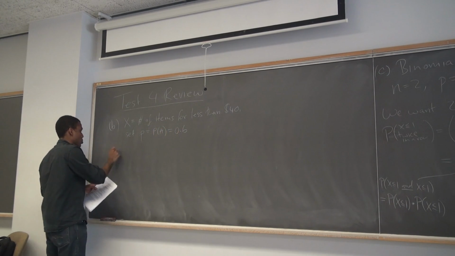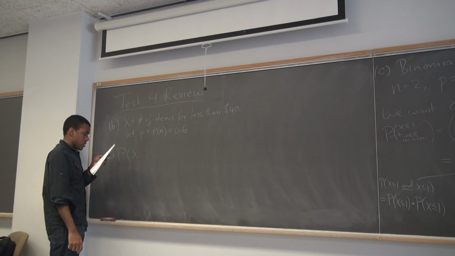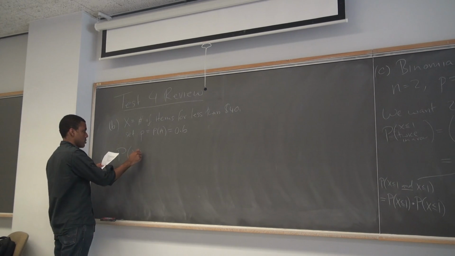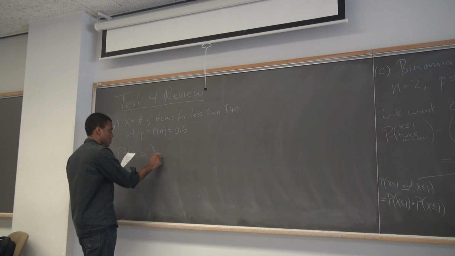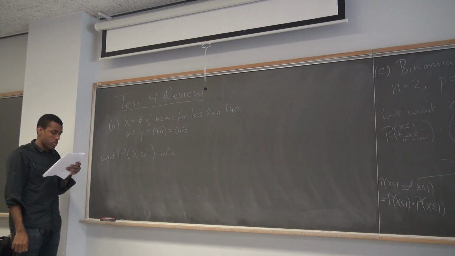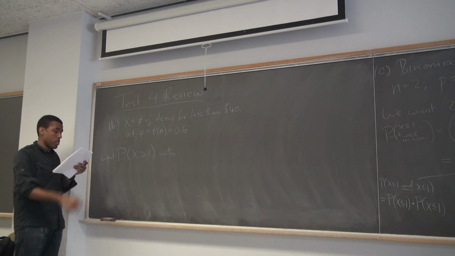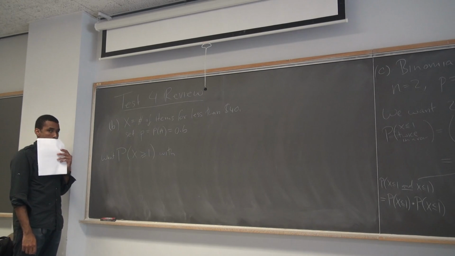All right, so now we want at least one of 3. Okay, so what's the setup here for part B? Which we could have done for part A, but I didn't want to. How are we going to figure this out?